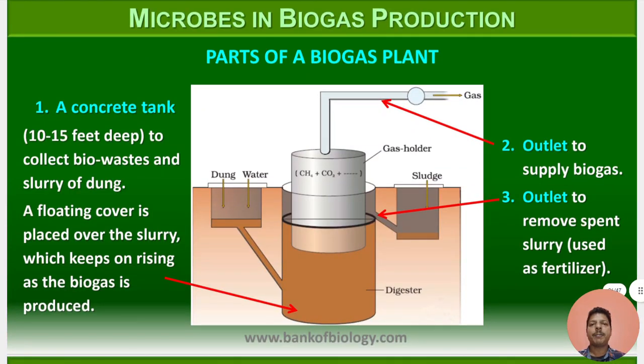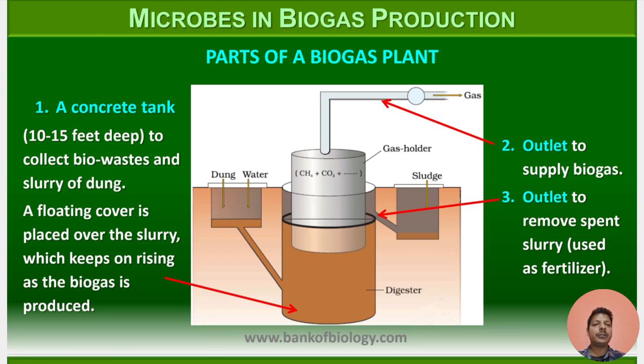Here is the diagram or parts of a biogas plant. First of all, a concrete tank 10 to 15 feet deep to collect bio waste and slurry of the dung. A floating cover is placed over the slurry which keeps on rising as the biogas is produced.